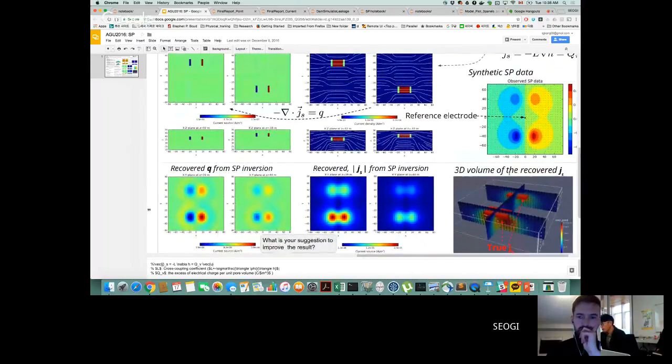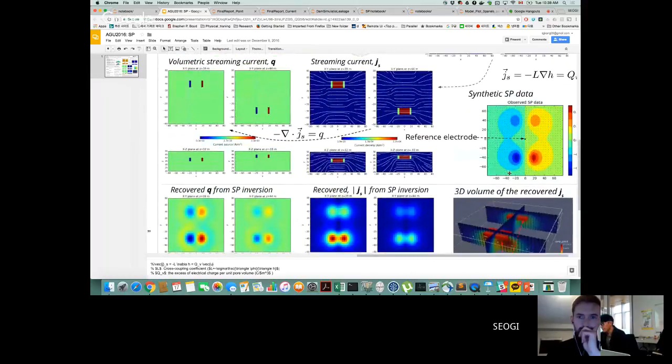Can I think of the conduction current as a secondary due to those charges, or is that backwards? The streaming current is a right-hand side, and that right-hand side is generating the conduction currents. The conduction current is due to those charges building up.